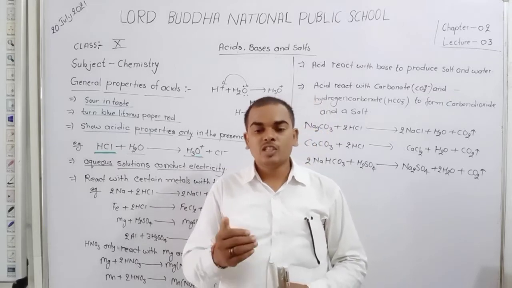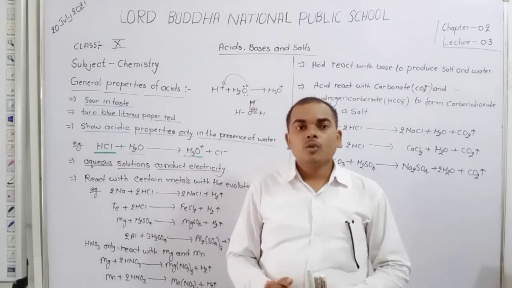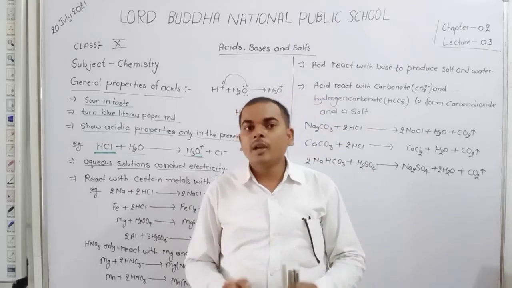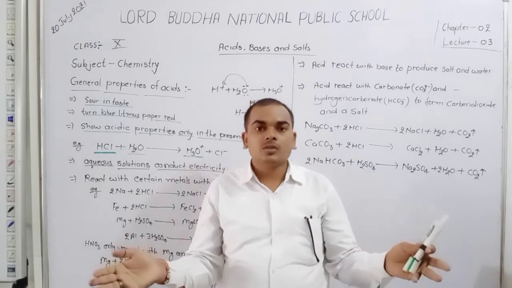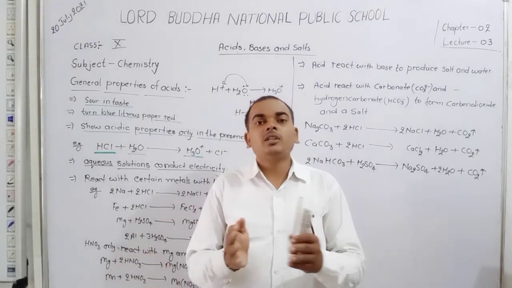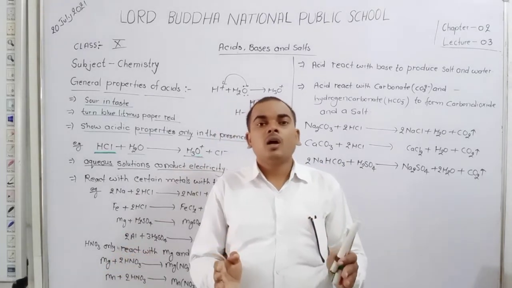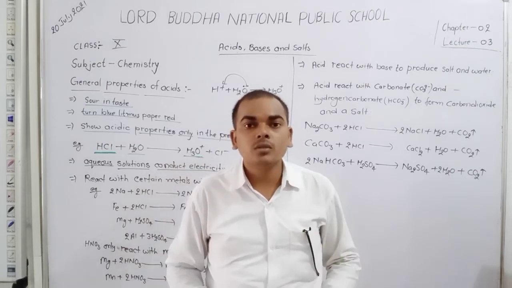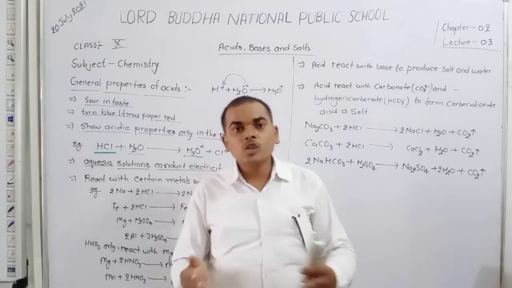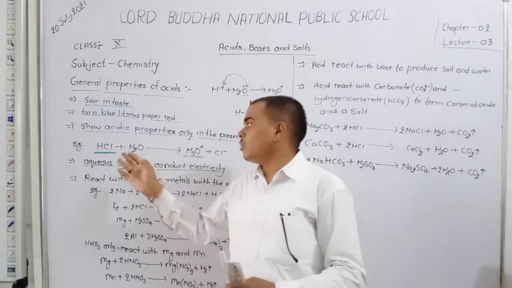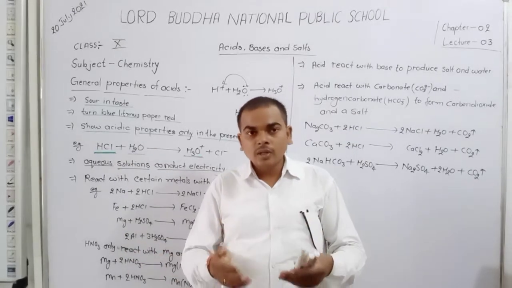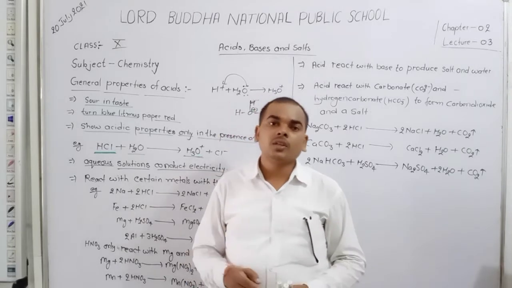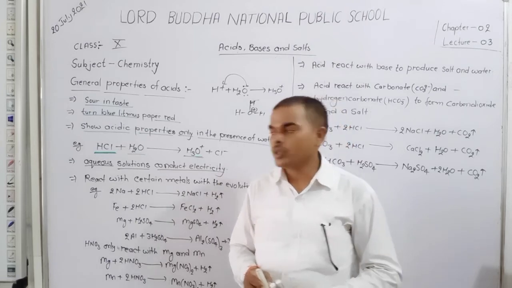When H plus ion is produced, it means there are free ions. Electricity conducts only when a solution has free ions. In an aqueous solution, the acidic solution has free ions, so it conducts electricity.